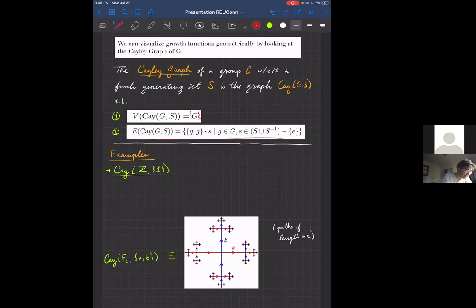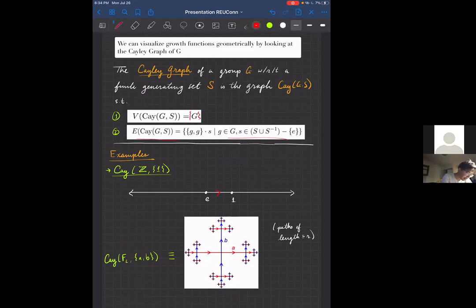So one very basic example, which you'll see on page 3 of any geometric group theory textbook, is the number line, Z. So if we want to draw a Cayley graph for Z, we start at the identity element. And of course, we're looking at Z with the generator 1. You can draw Cayley graphs with different generating sets, but if we apply this generator 1 time, we reach another element, which we call 1.